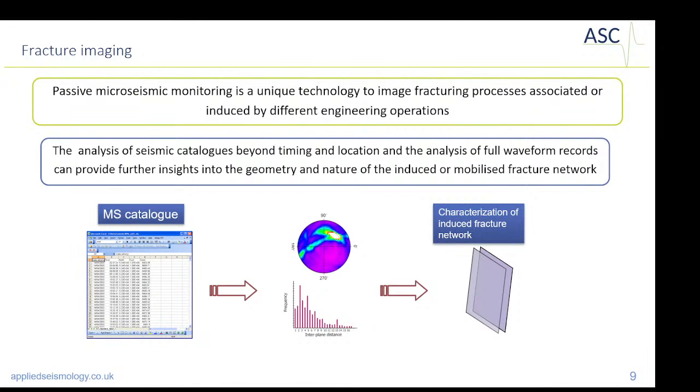A catalog is basically just a list of the events with all the full parameters, basically location and source parameters, magnitude, source radius, etc. And the idea is to use this catalog, carry out some statistical analysis on it, and get full information of our discrete fracture network.